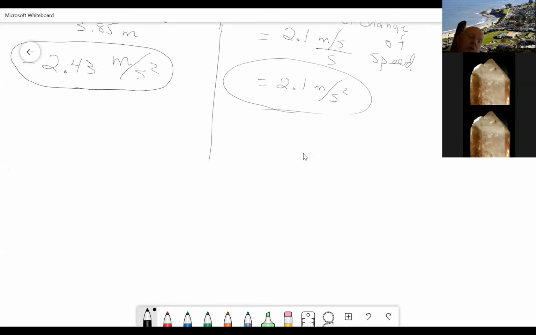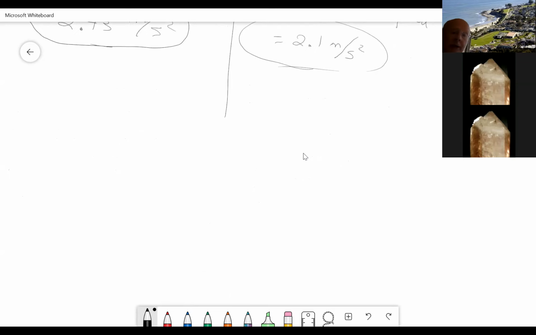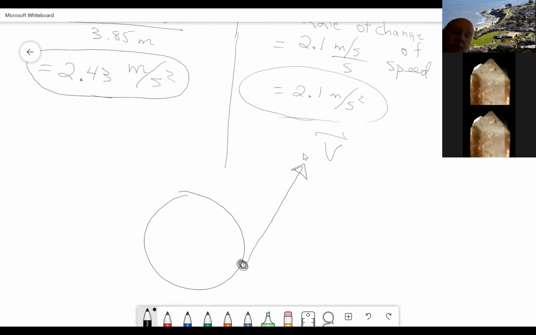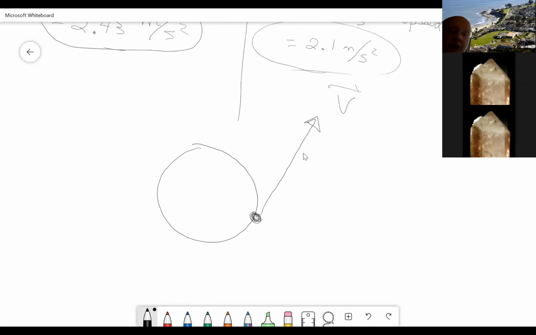So if I kind of redraw that picture, I guess it would look something like this now. Here's the circle. Here's maybe the little blob that's going off in this way. That would be the velocity vector. And what we just found is the acceleration vector.